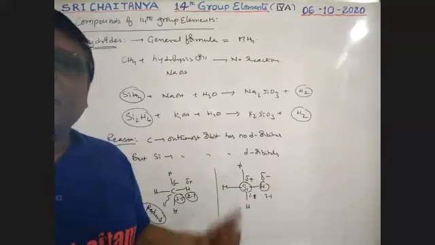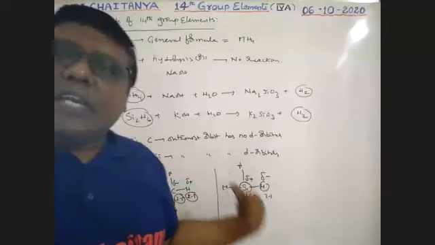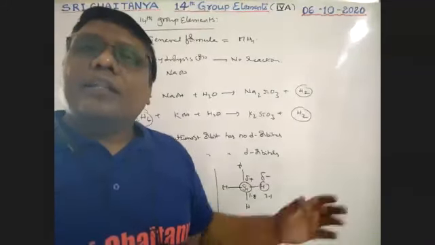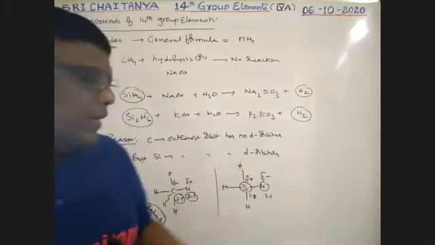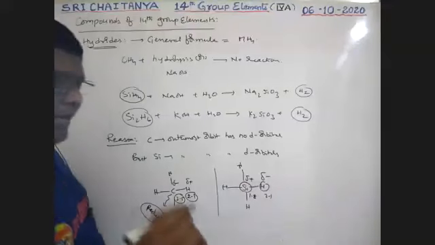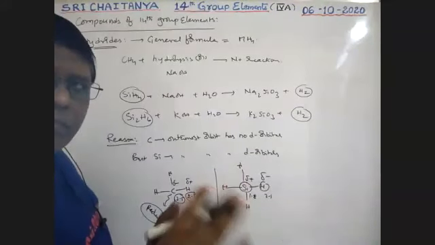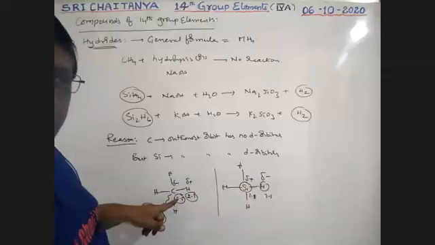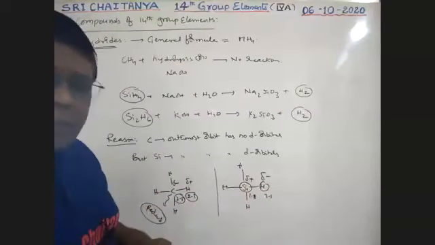Yes, silicon has d orbitals. That's why a lone pair is attracted by silicon, and that is why the reaction is possible. Here silicon gets positive charge, carbon gets negative charge, so no reaction takes place in carbon, but here the reaction takes place. Okay.